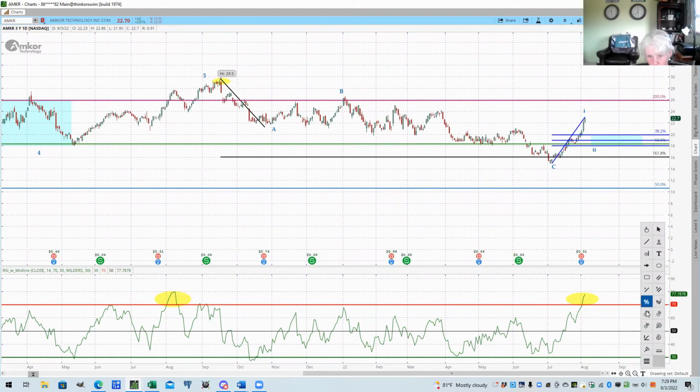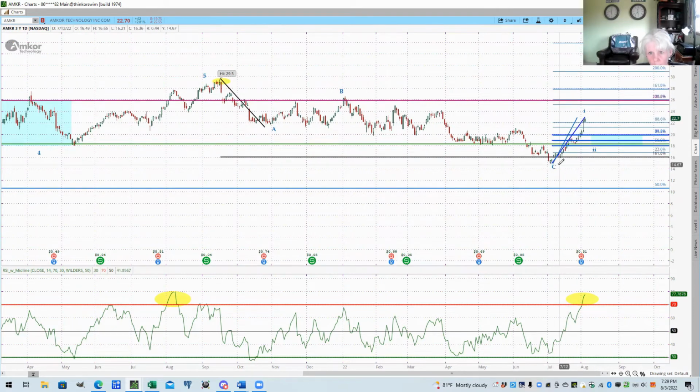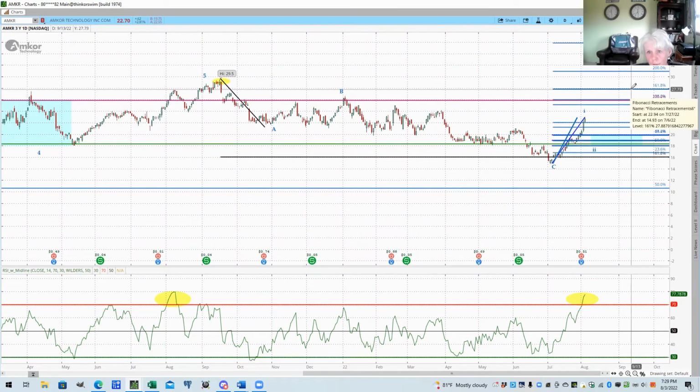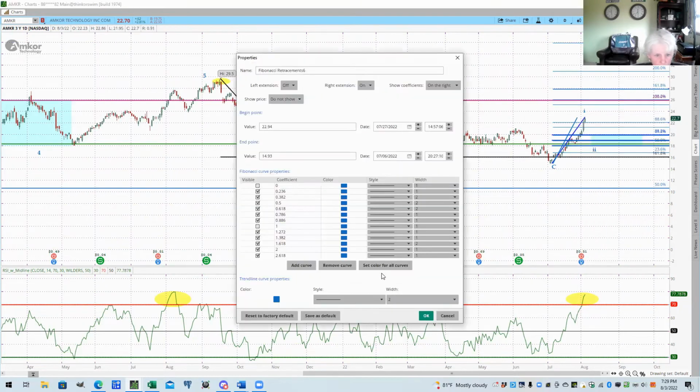And you can also project, drawing it from the top of 1, bottom of 1, that 3 is probably going to be around here at this level. This is the most common.